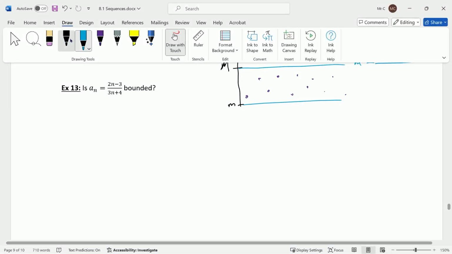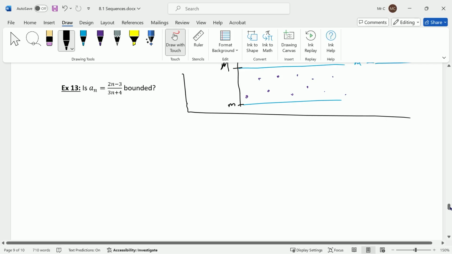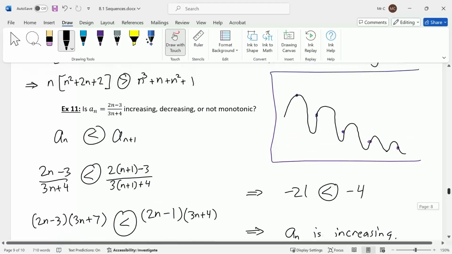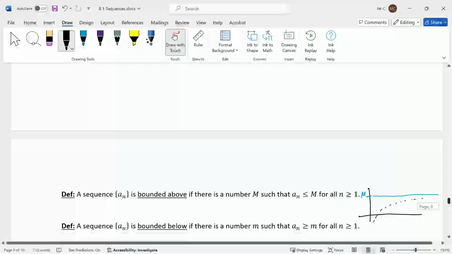So example 13 asks, is the sequence a sub n equal to (2n minus 3) over (3n plus 4) bounded? Well, what we know from our previous problem, example number 11, is that we showed this sequence was increasing.